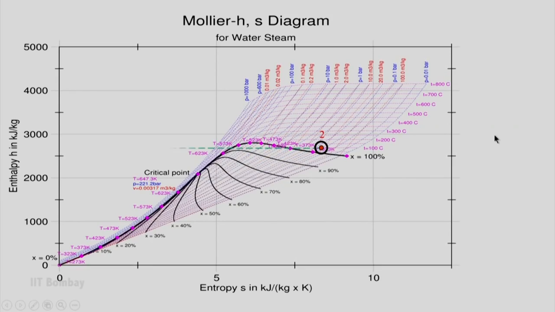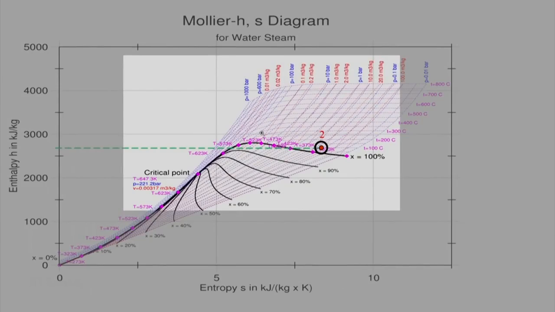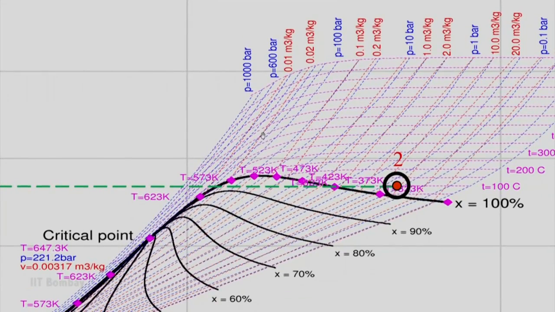So, I just draw a horizontal line, and I would like to see now, because the other thing I also know about state 1 is the pressure. The pressure before expansion is 10 bar, that is what has been given in the problem. So, I can go closer to this and locate the intersection of this isenthalpic line with pressure equal to 10 bar, which is this.